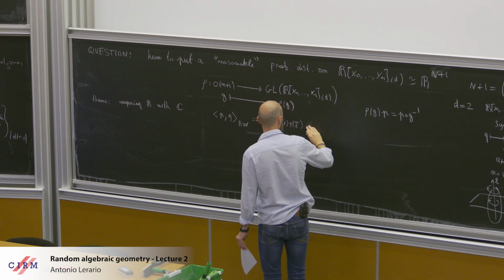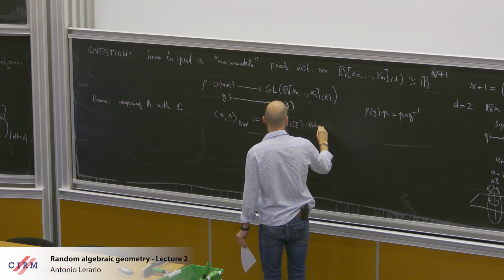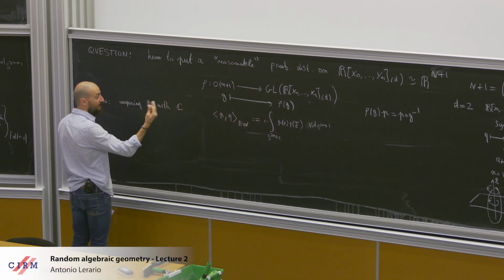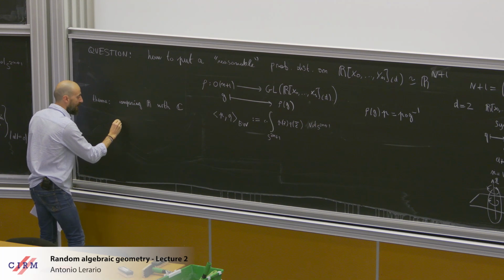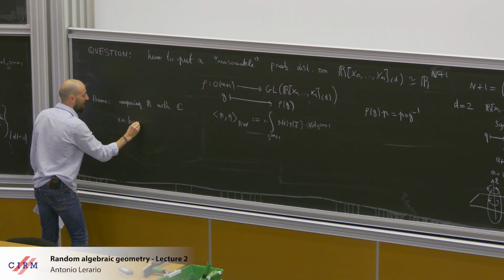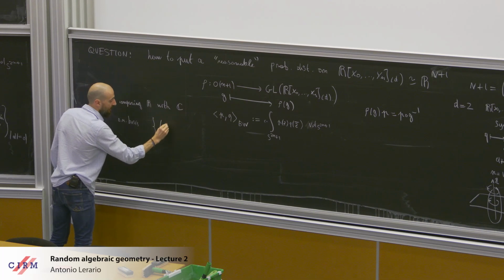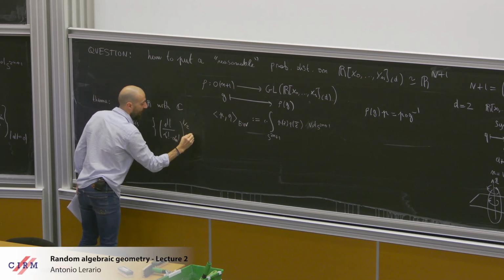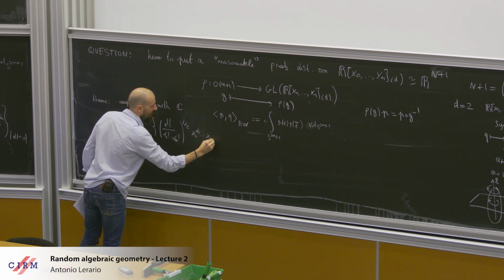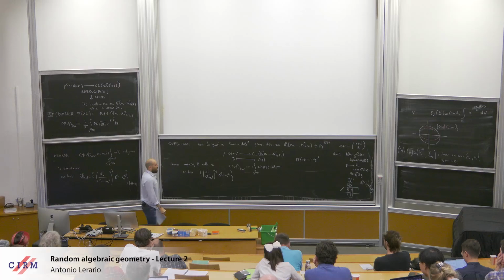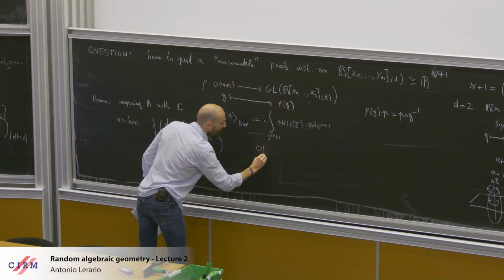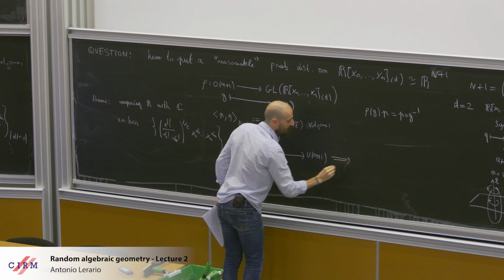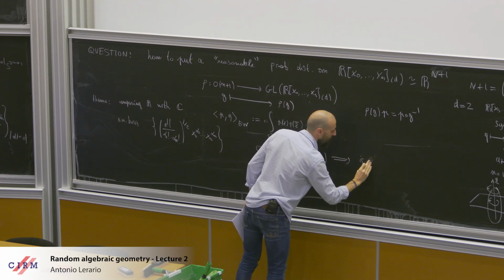Or said differently, it's the scalar product on the space of real polynomials which has the property that an orthonormal basis is this scaled monomial basis. And because the orthogonal group is a subgroup of the unitary group, this scalar product is orthogonal invariant.